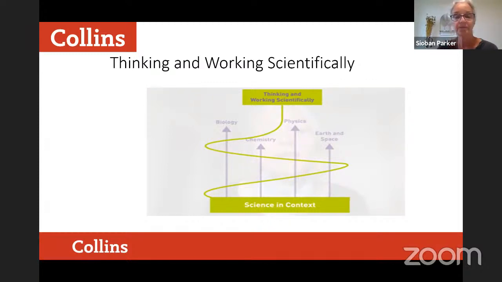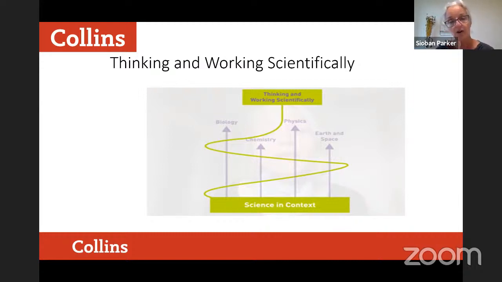As you know, there are 3 categories of strands, and all of these categories support learners in understanding and investigating natural phenomena and provide them with the foundation for developing future scientific skills and also knowledge and attitudes. So we've got a skill strand which is called thinking and working scientifically. And you can see that that is woven into the 4 content strands of biology, chemistry, physics, and then that new one, Earth and space.